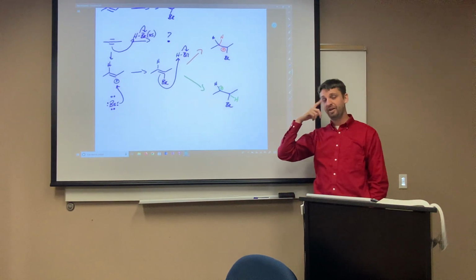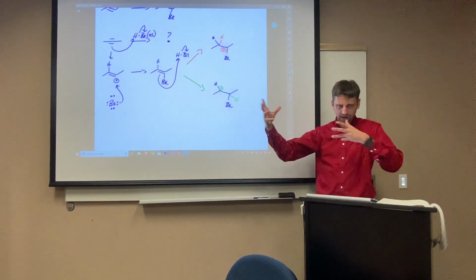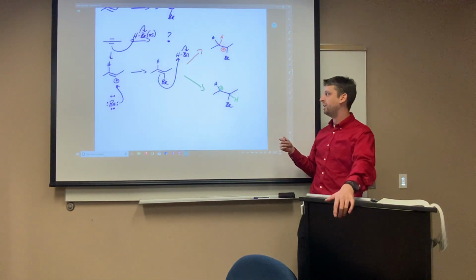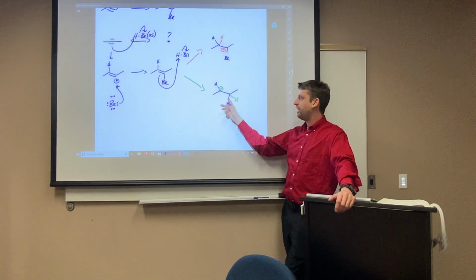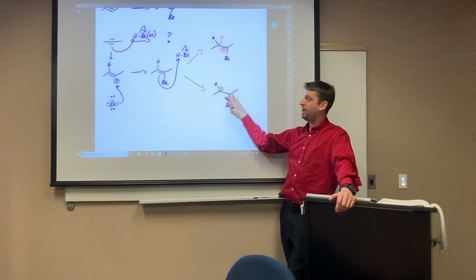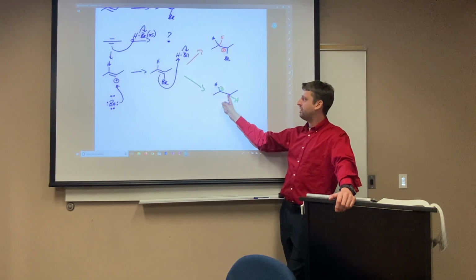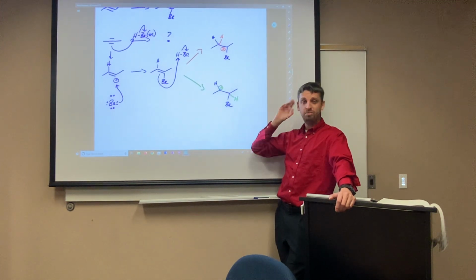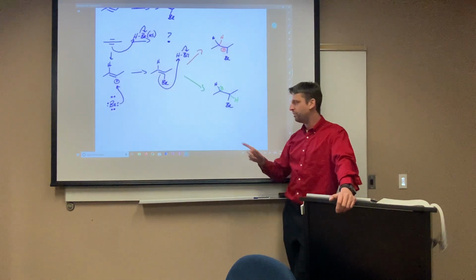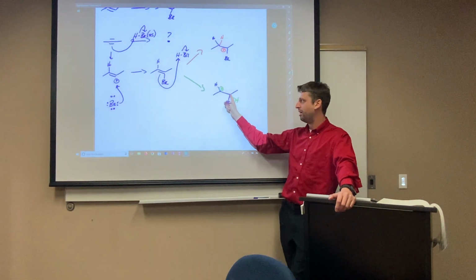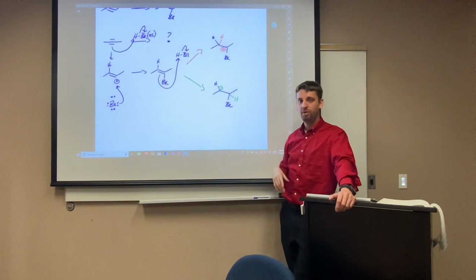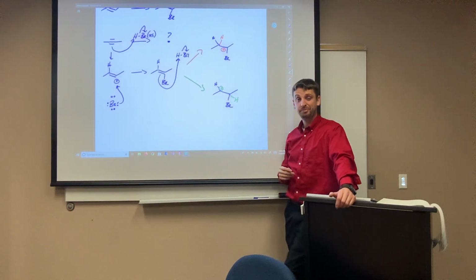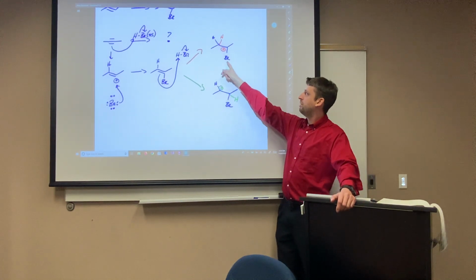Remember, inductive effect says that we're drawing electron density away from the electropositive things. So this is electronegative, it's going to pull electron density away, which makes this carbon positive, so the further that positive is from there, the better. Do you guys follow along with this? This is electronegative, so that's positive. Get that positive as far away as possible. So inductive effects would say that this is more stable.